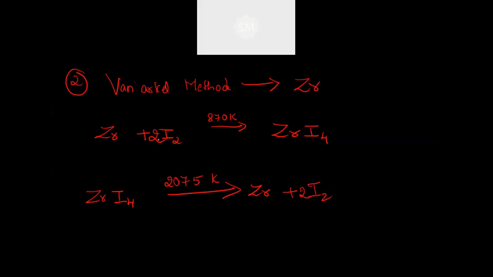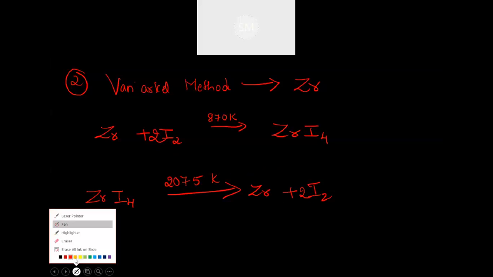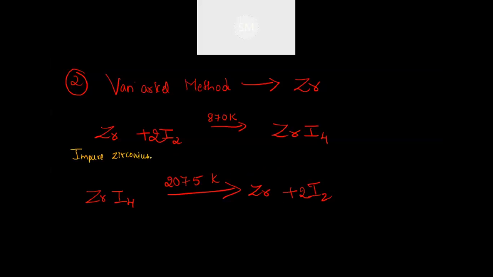So this is the equation. And mention which state they are in. Here they are in impure state. This is impure zirconium. And on this side you are getting the pure zirconium form. This is your pure zirconium. Make a note, students.